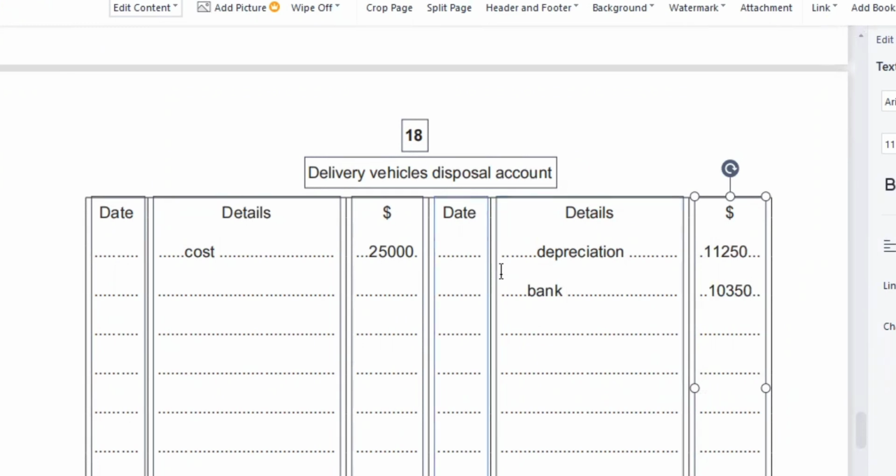If the balance comes on the debit side, that means it is a profit. If it is on the credit side, that means it is a loss. So 25,000 minus 11250 minus 10350 is 3,400. That is a loss. That means this vehicle is sold at a loss.